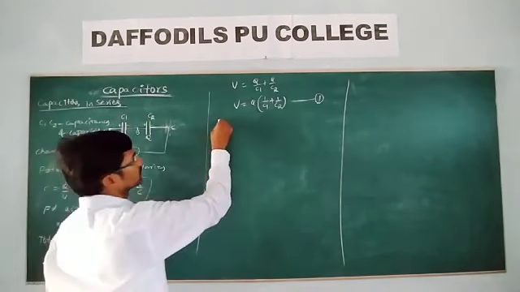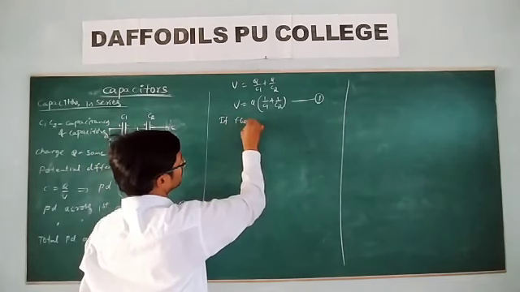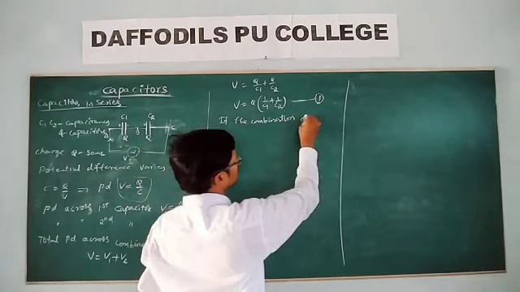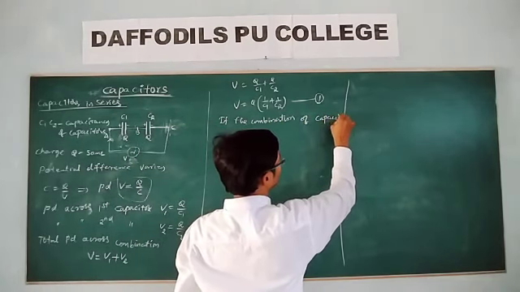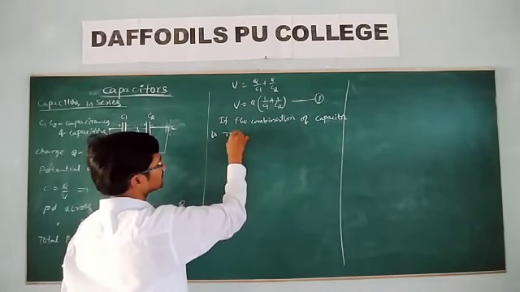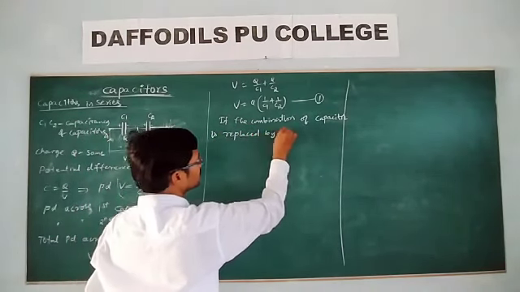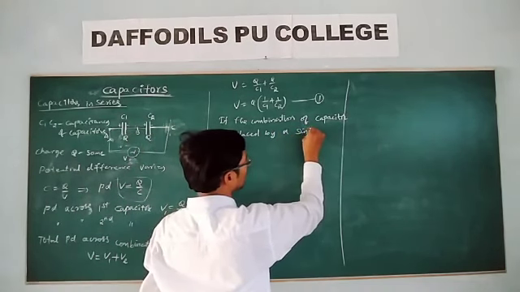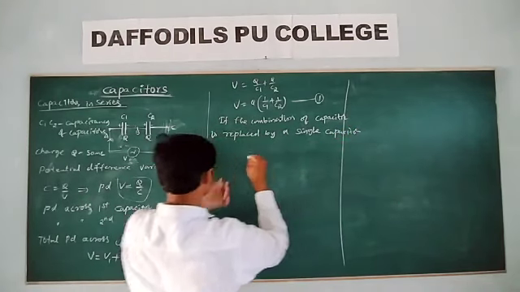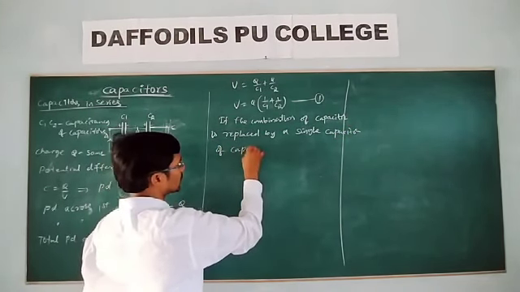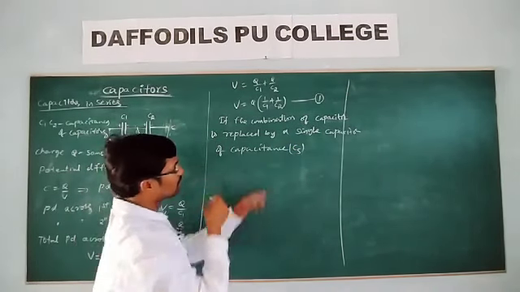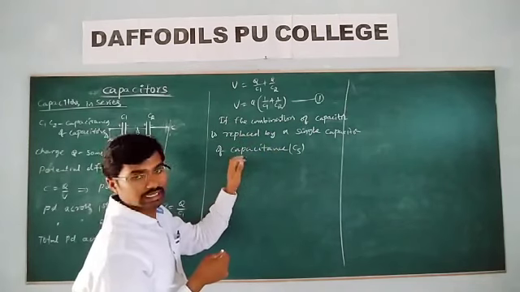Is it okay? The combination of capacitors is replaced by a single capacitor of capacitance Cs, and this is called the equivalent capacitance of the circuit.